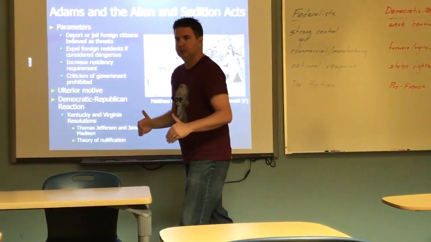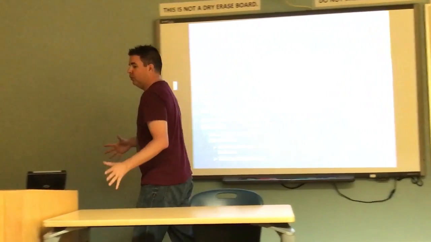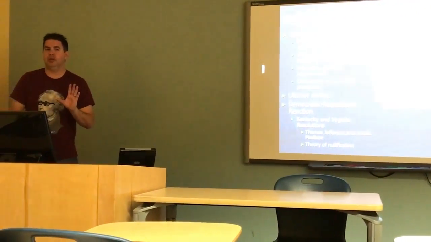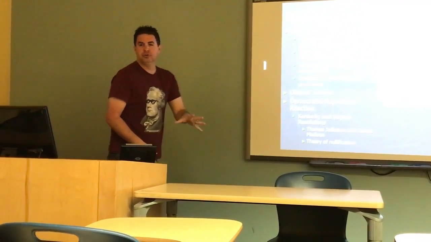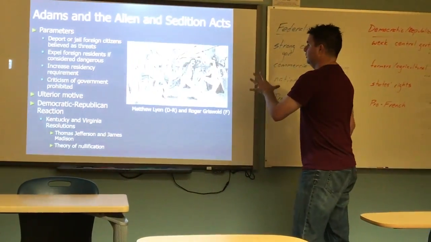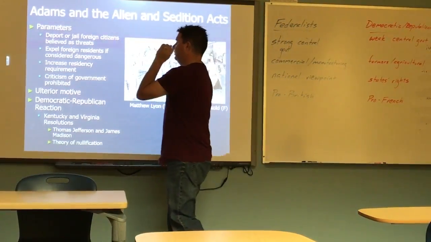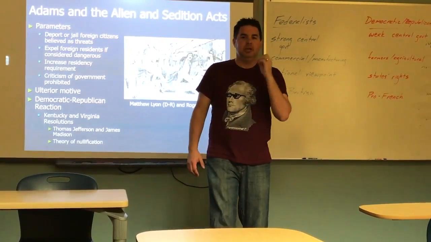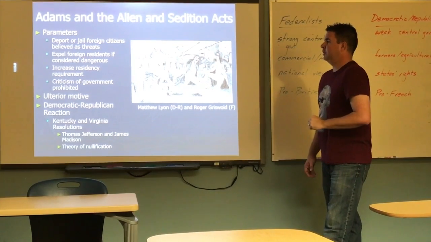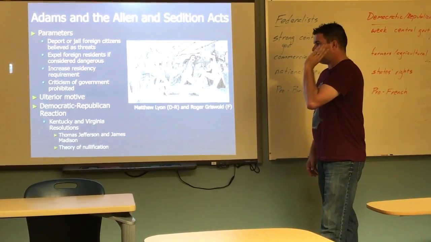Obviously controversial. Obviously going to take away from Adams' popularity. And the Democratic Republicans are going to use the press to protest these laws, and they're going to emphasize the democratic principles of this and individual liberties, and the Lockean political theory and that sort of thing.